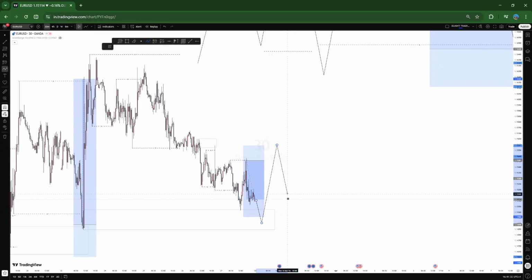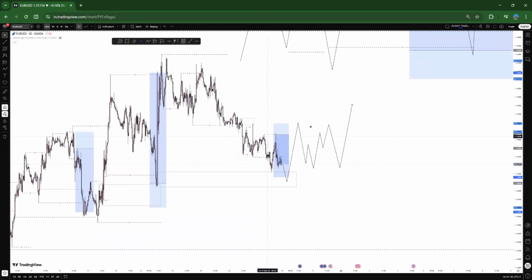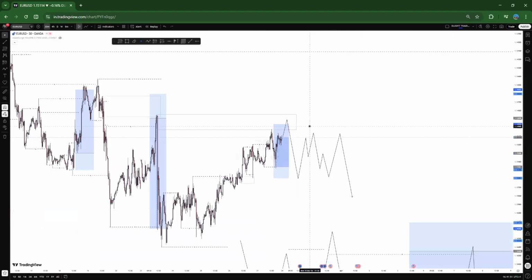Or price might come here, do something like this, or take out this high, then I'll be willing to take it by here to take out something here or the nearest liquidity at the moment. Okay, that's what I'm looking for on Euro USD. So if that doesn't happen, it should be vice versa.